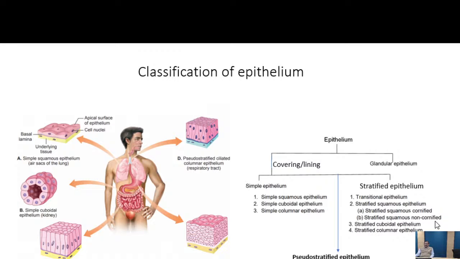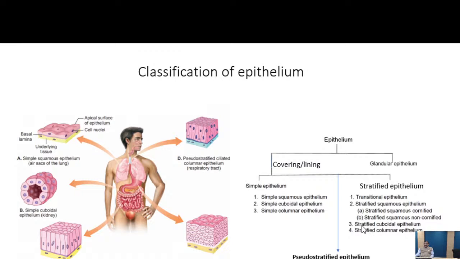Next time you look into the mouth cavity for the enlargement of the tonsils or the tongue or the follicles of the tongue, remember that the epithelium over the tongue or inside the mouth cavity is stratified squamous non-keratinized.